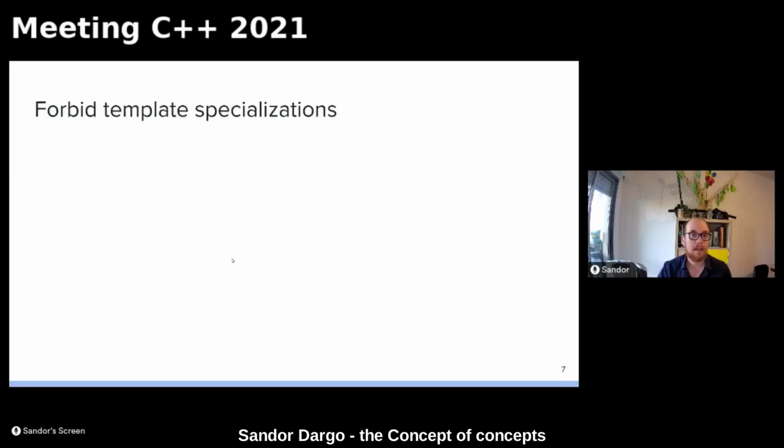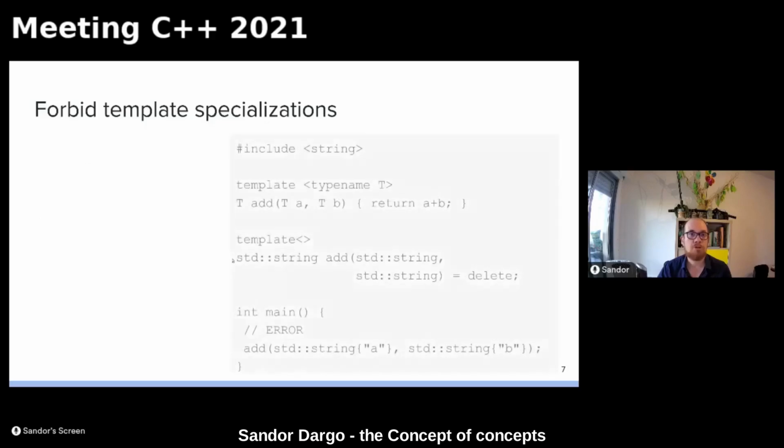And actually, since C++11, we can forbid template specializations. So let's say that you don't want to allow strings to be added up. You say that the specialization with string is deleted.